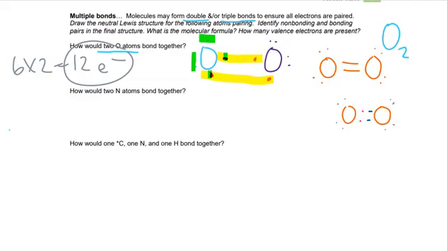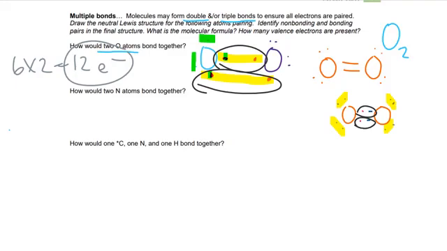Okay, so this is going to show our 2 sets of lone pairs on each oxygen, and then those single electrons here, these 2 and these 2 are going to align to form the double bond.